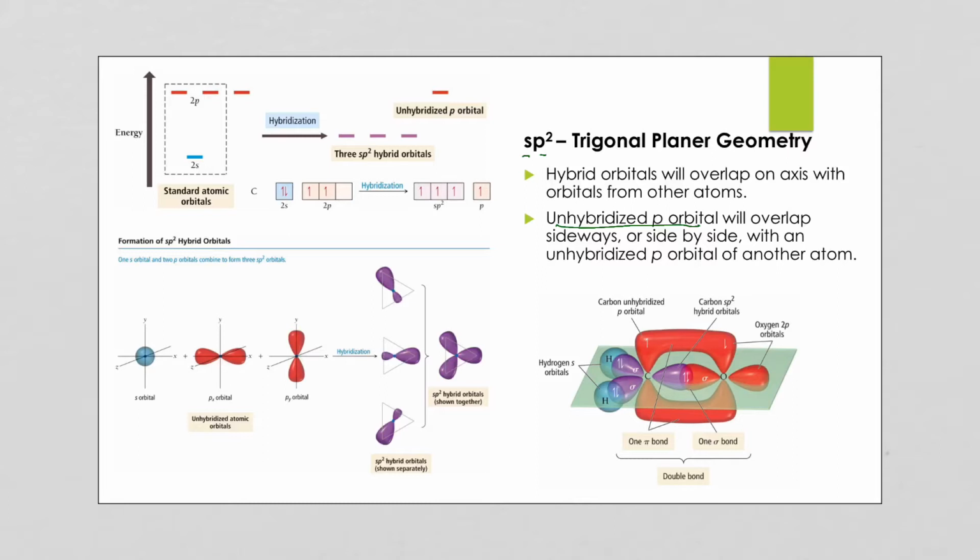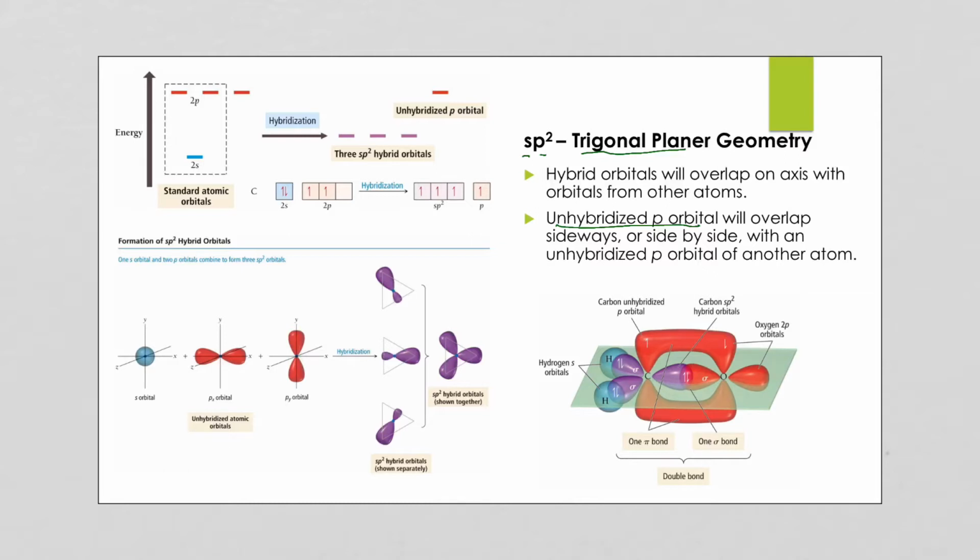Those hybrid orbitals form in order to minimize the energy of the bonding environment where we need to make 3 bonds. Remember, that's our trigonal planar bonding environment, where the bonds form approximately 120 degrees apart.